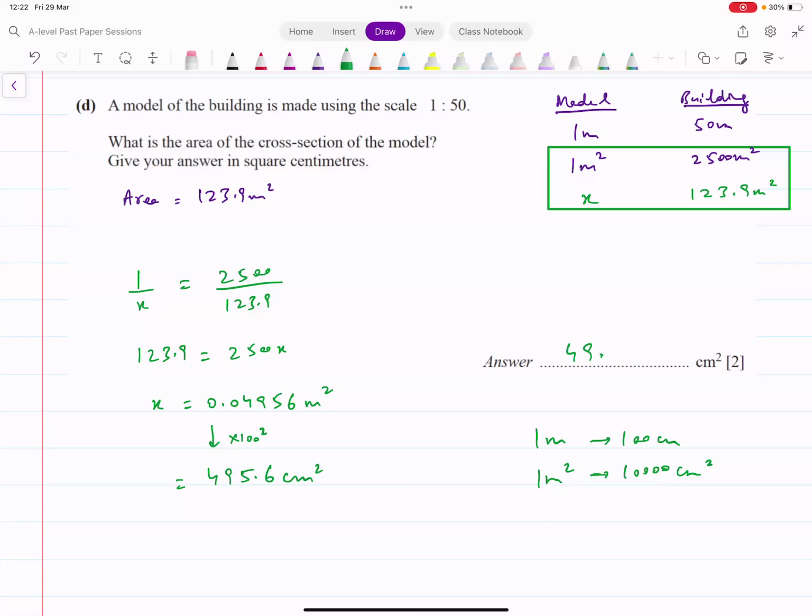That is what we were looking for here. If you wanted to round it off, you could say 496 centimeters squared, and that will be your final result. That would be the area of the model in this case.